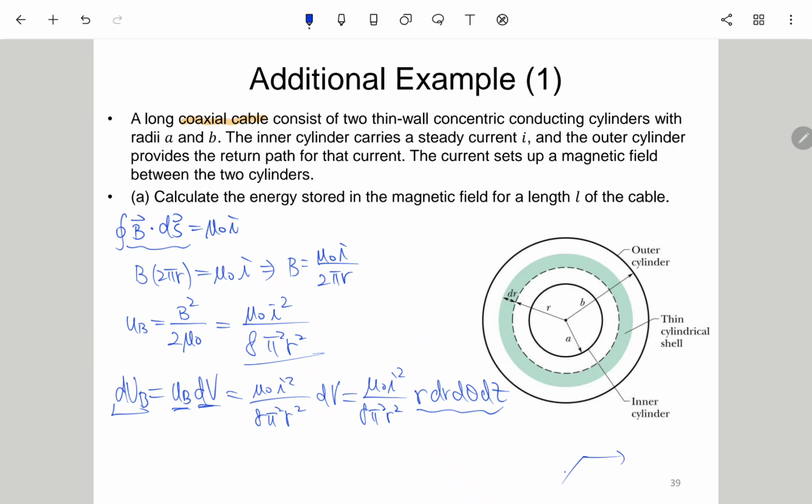Cylindrical coordinate is somehow like we have something like this. This is x, y, and z. So you can separate into a z-axis with a polar coordinate.